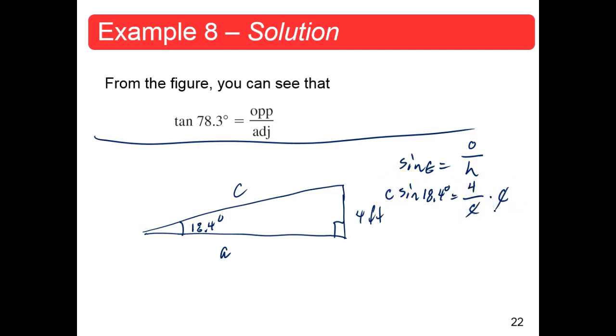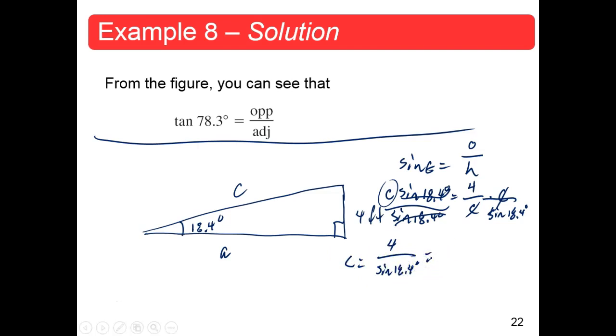You get it into a numerator by multiplying by C. And then divide by sine of 18.4 degrees. The sine of 18.4 degrees cancels out here. That leaves you only C. So C is equal to 4 divided by the sine of 18.4 degrees.